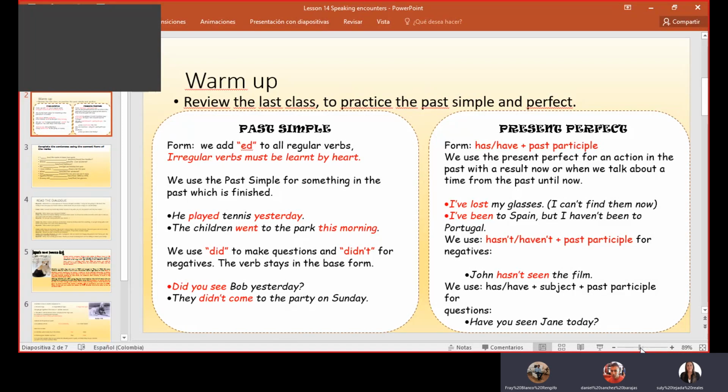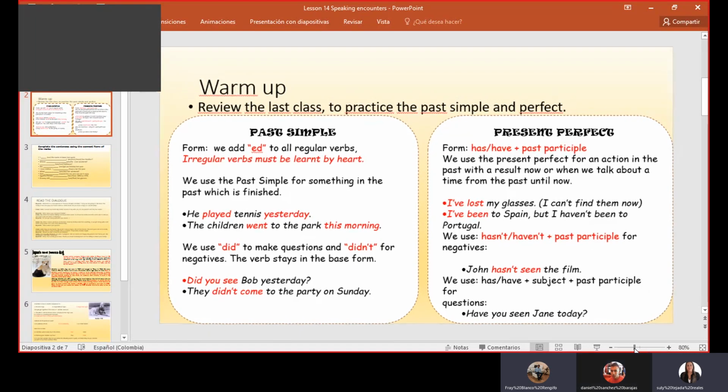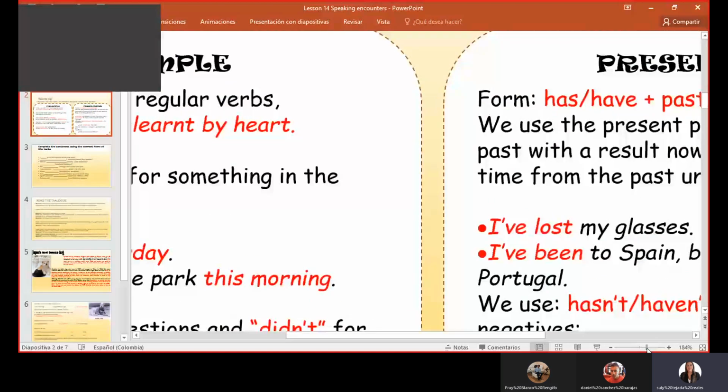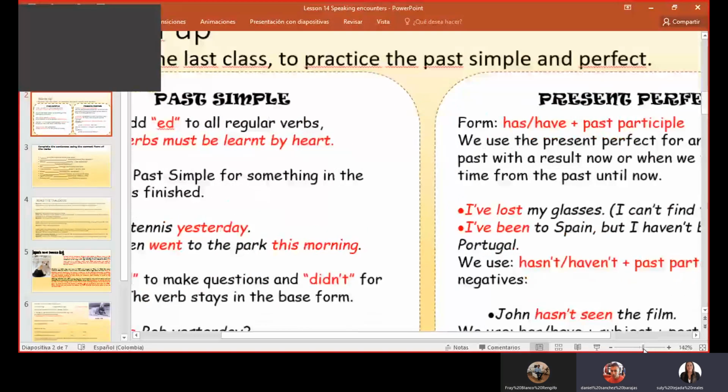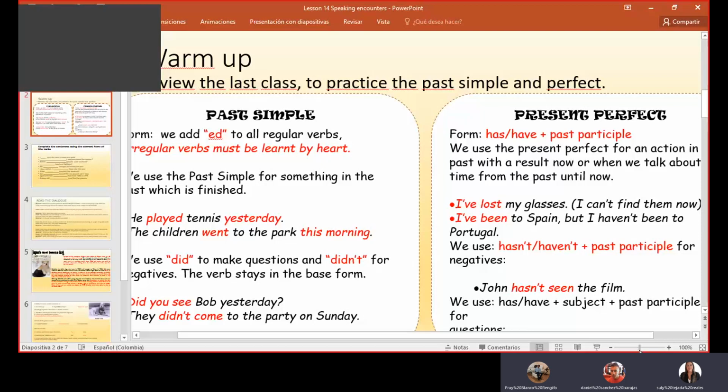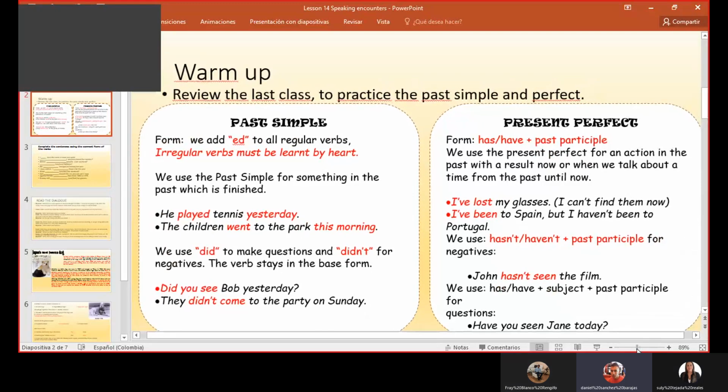Yes, teacher. Ya. Ok, listo. Empezaba ahora, teacher. Hello, teacher. Hi, welcome to the class. Thank you, teacher. It's a pleasure to have you here. It's a pleasure for me.